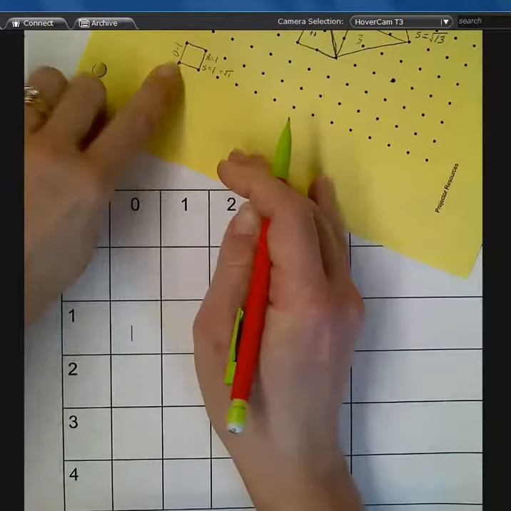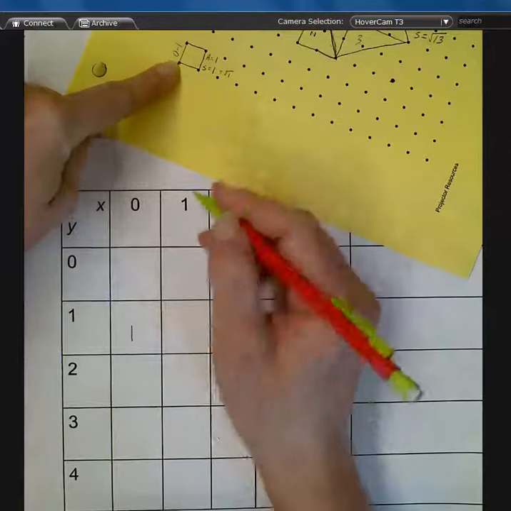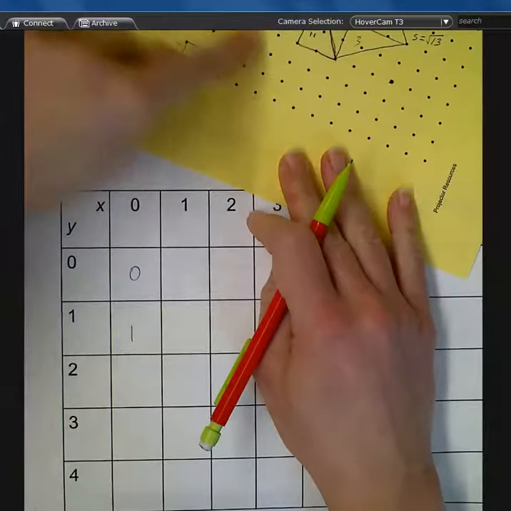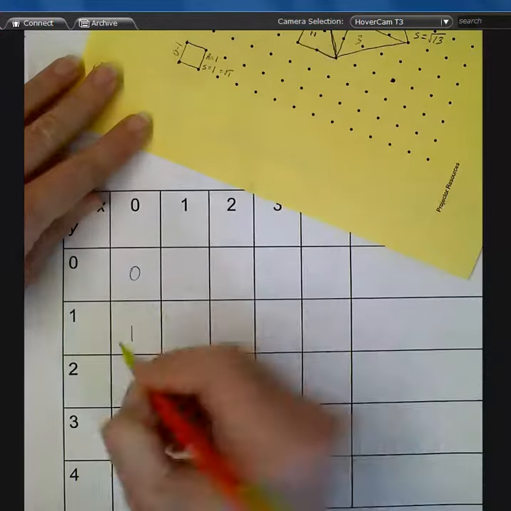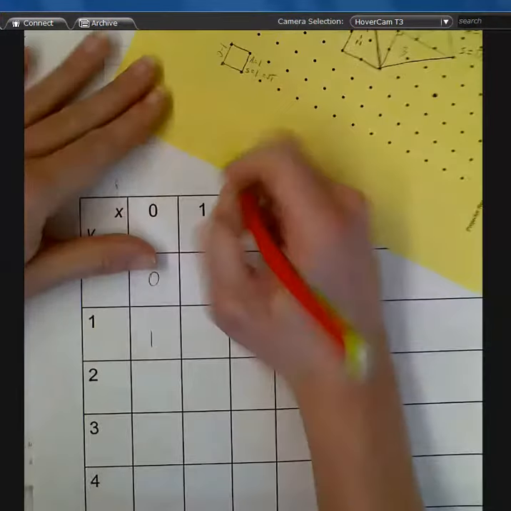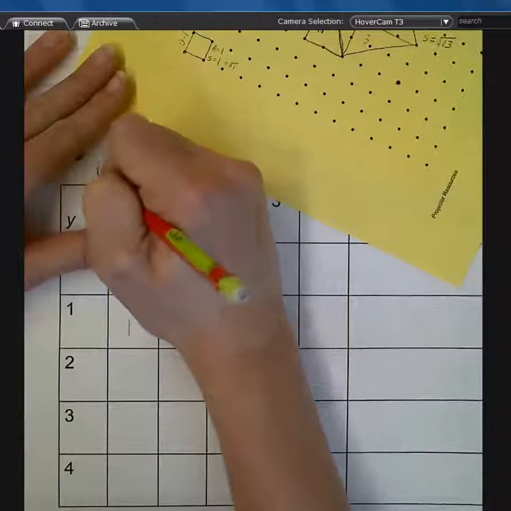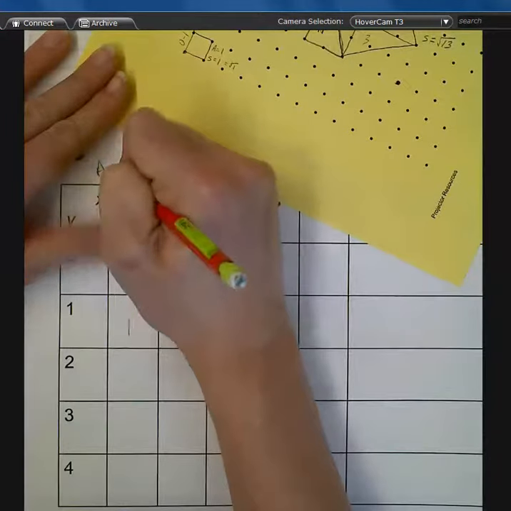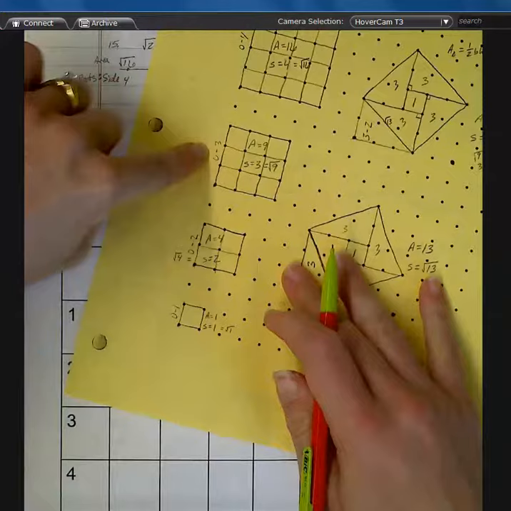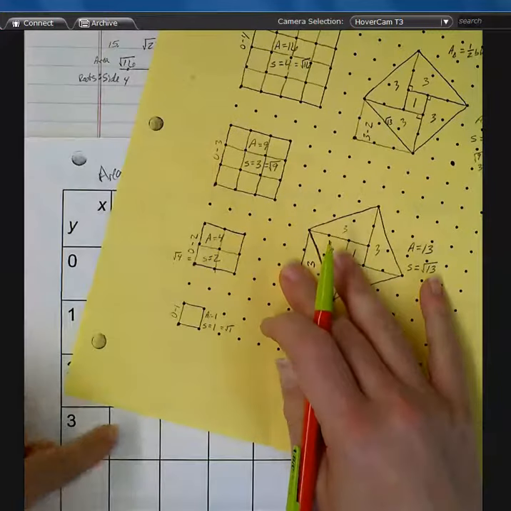If you had a 0 and 0, you wouldn't have a box. So the area would be 0, obviously. Okay? What if the x number was 0 and the y number was 2? Not the side length, the area. That's great. So here are the areas. When it was 0 and 3, what was the area?